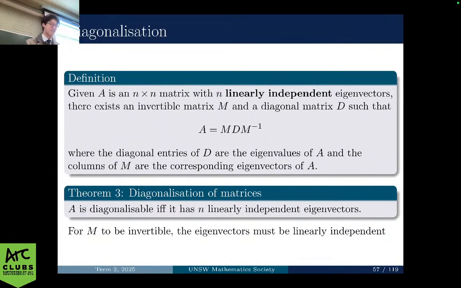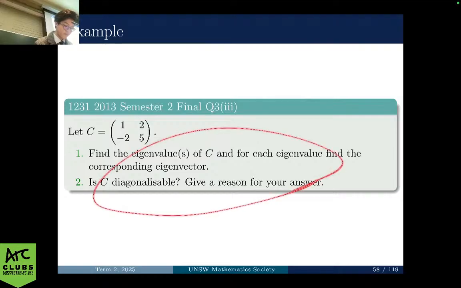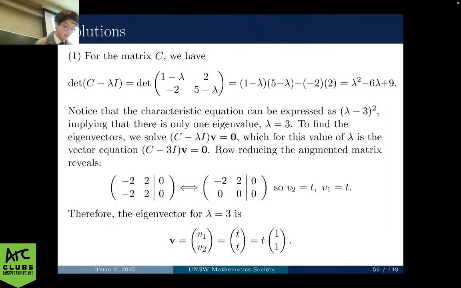In the next example we do just one last little thing here with diagonalization. If we have A as an n by n matrix with linearly independent eigenvectors, then in the context of this question, for example, when we solve the determinant, we get only one eigenvalue. The thing is, we want two eigenvalues.